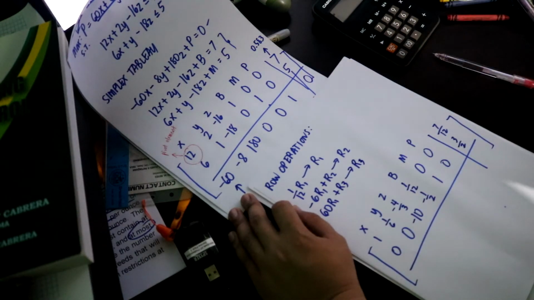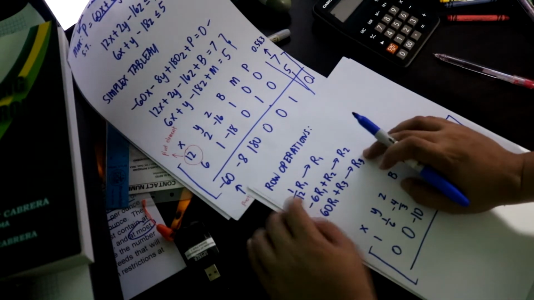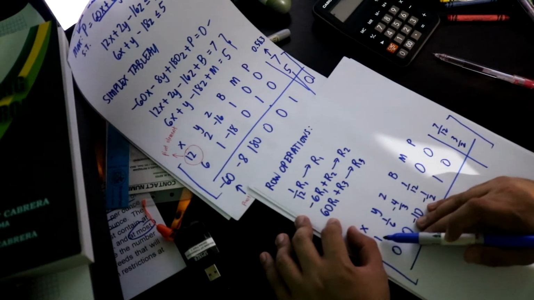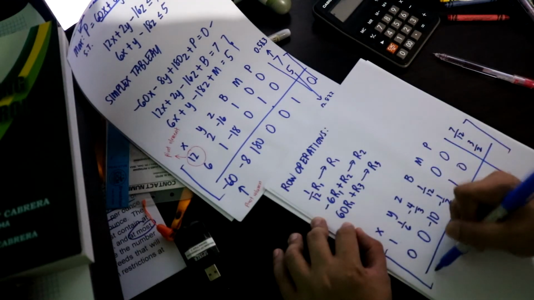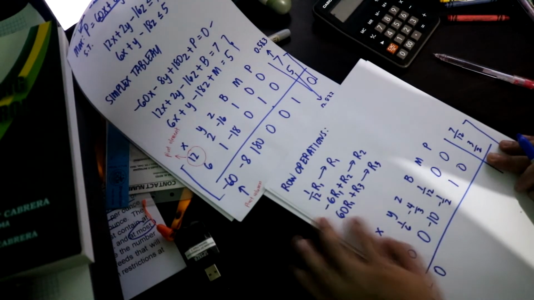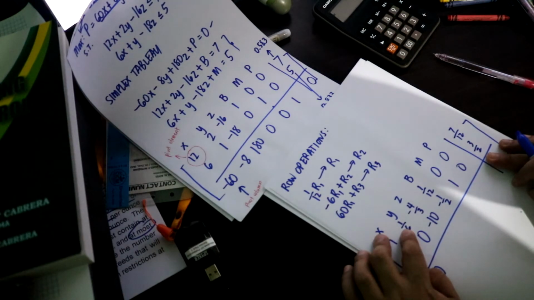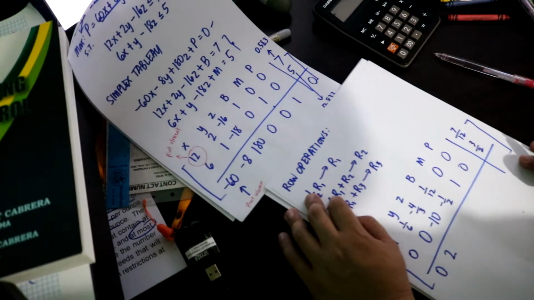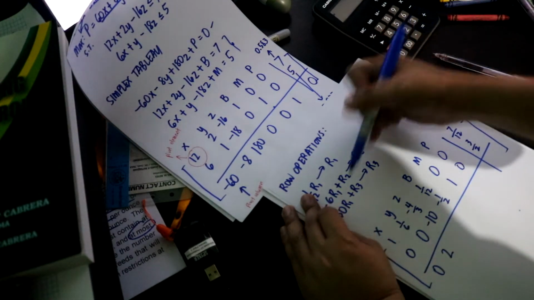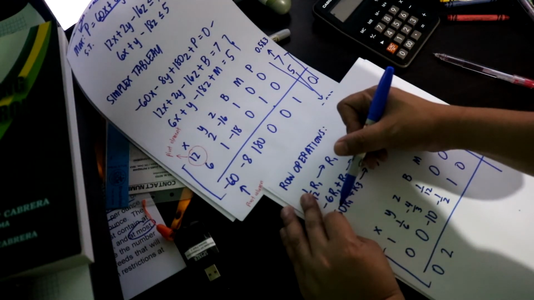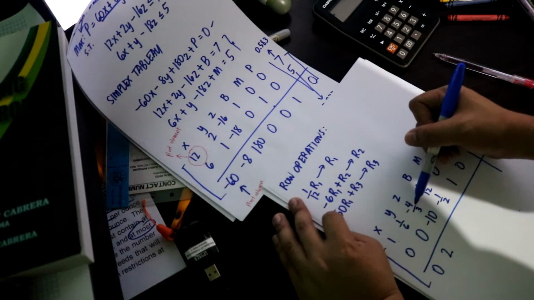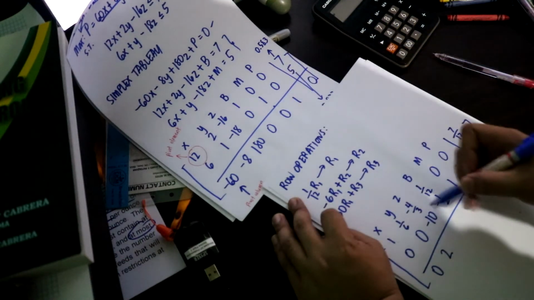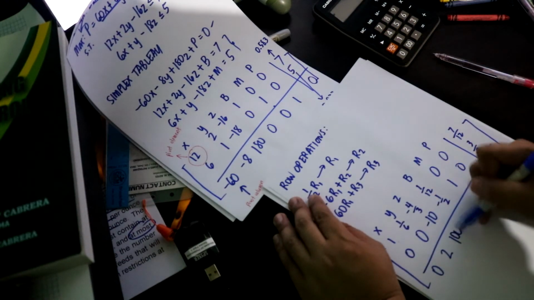So let's just perform this row operation. 60 times 1 is 60, plus negative 60 becomes 0. 60 times 1 over 6, that's 10, plus negative 8, that becomes 2. And then next, 60 times negative 4 over 3, that would become negative 80, plus 180 is 100.